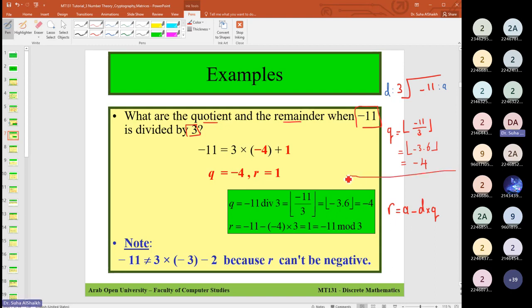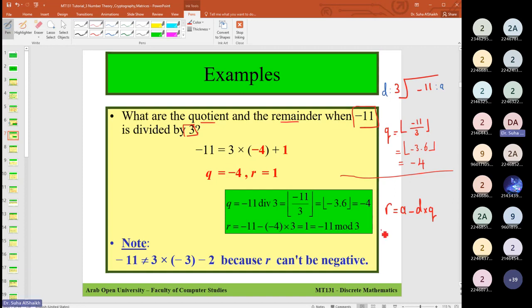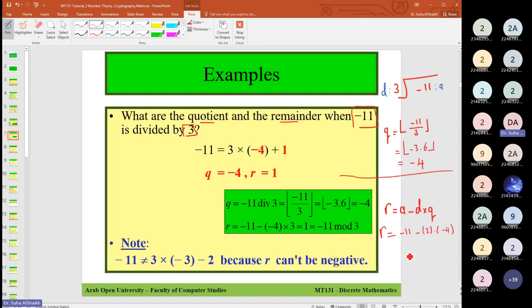So we got our Q. So R is equal to A, which is -11, minus D, which is 3, multiplied by Q, which is -4. This equals -11 plus 12, which equals 1. So we got our remainder equal to 1.